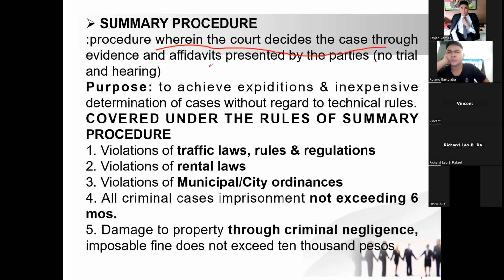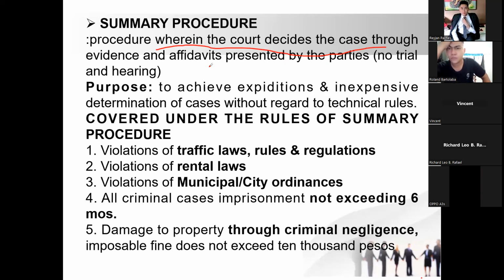Kasi ang judge or jury will determine or will decide the case based on the submitted evidence presented by both parties. Again, kung ano yung binigay ng both parties, yung prosecution and of course the defense party, doon mag-base ngayon ang judge class sa decision niya. No trial and hearing should take place. Yan yung tinatawag natin na summary procedure.